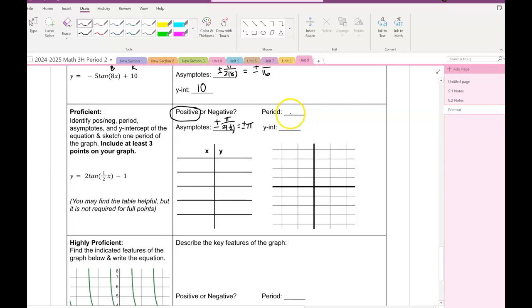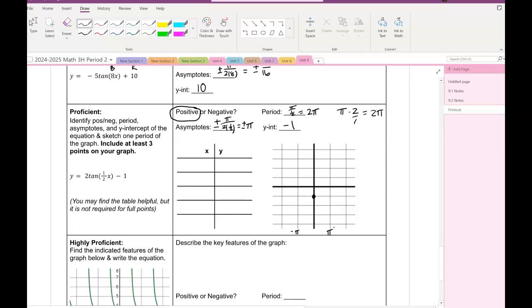Our period is pi over 1/2, which would be 2 pi. So you do pi times 2 over 1 times by reciprocal, you get 2 pi. All right, our y-intercept is at -1. So that's going to be here. And then we have negative pi and pi.